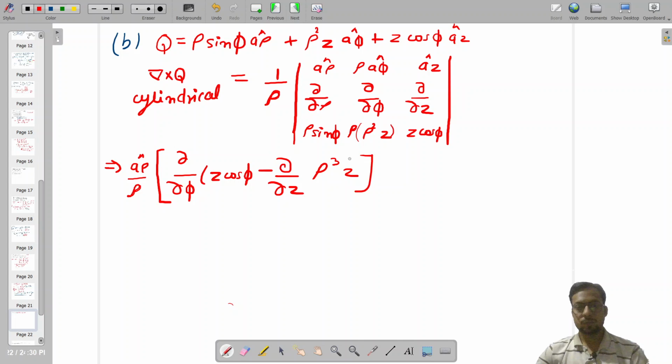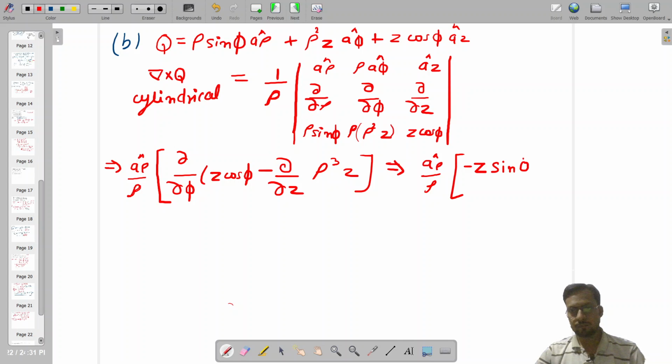So it will give cos phi minus z sin phi, and minus rho cube.